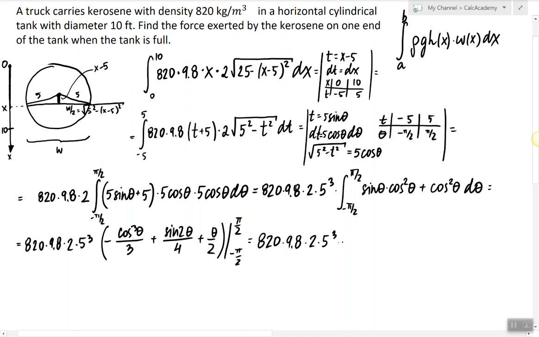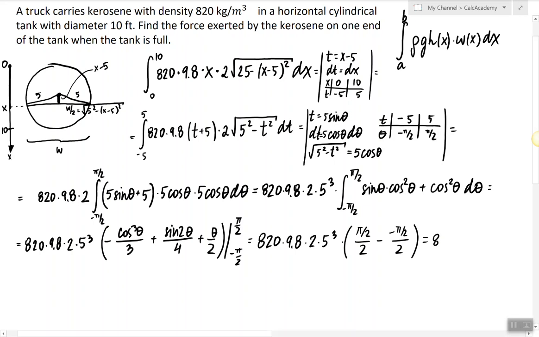Cosine of pi over 2 is 0, sine of 2 times pi over 2 is sine of pi, which is 0. Theta is pi over 2, so we have (pi over 2) over 2 minus (negative pi over 2) over 2. So this just becomes altogether pi over 2.